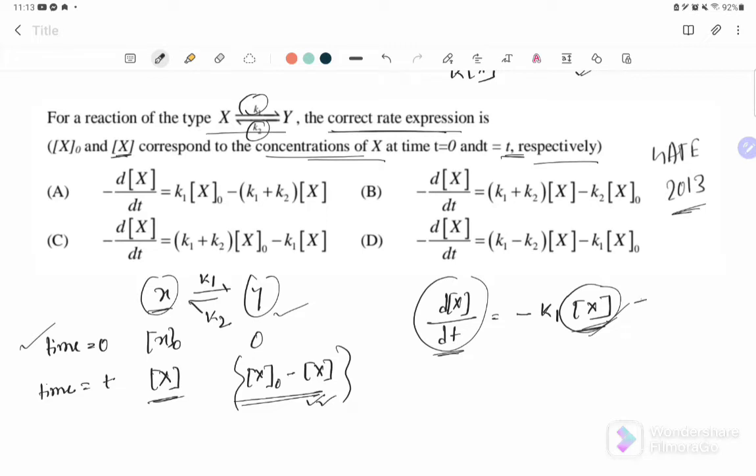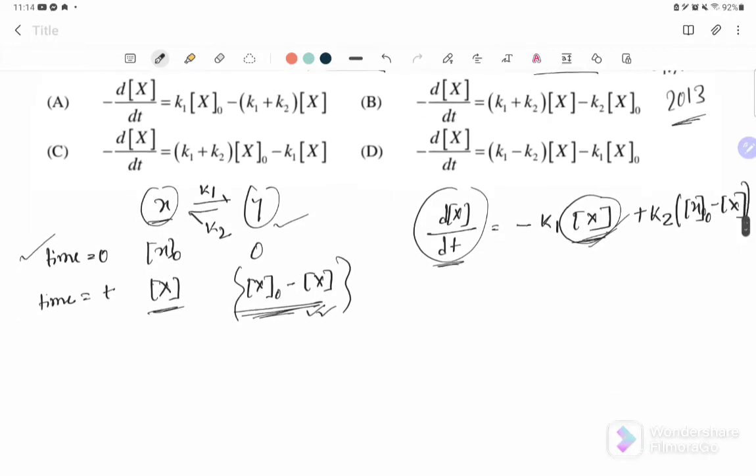For the backward reaction, Y is reversed back to X, so X is produced. For that, k2 multiplied by the concentration of Y, which is x0 minus x.